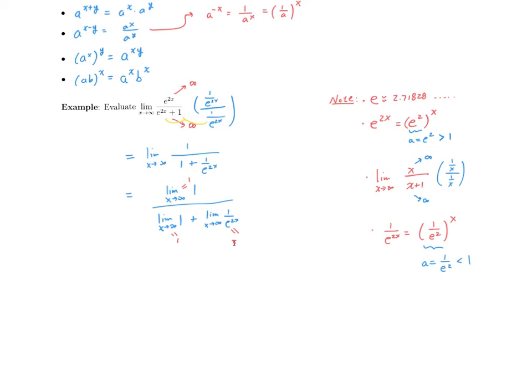So we know, very roughly, what the graph of 1 over e to the 2x looks like. It's an exponential function whose base is less than 1, so it's in this first, decreasing case. As you go to infinity, way out to the right, that function is approaching 0. So what we end up with in this case is 1 over 1 plus 0. The value of this limit is simply 1.